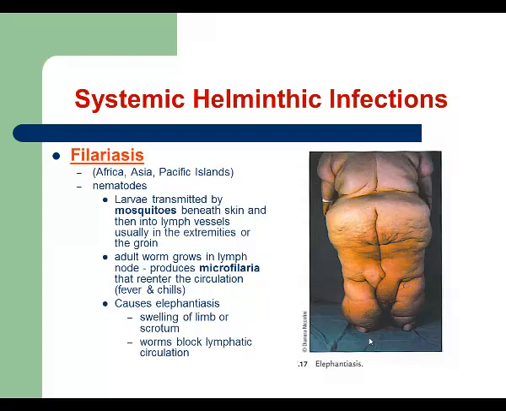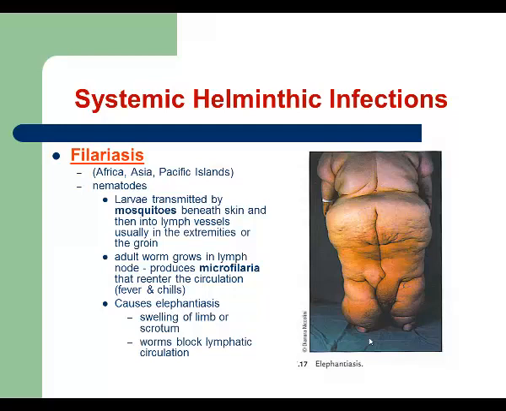And this infection infects the lymphatic circulation of humans. When larva of this worm is injected by mosquitoes into the skin of the patients, then it will develop into an adult worm. An adult worm will produce even more larvae.